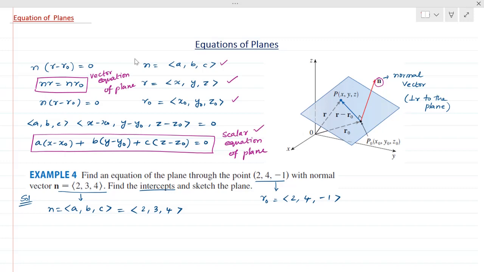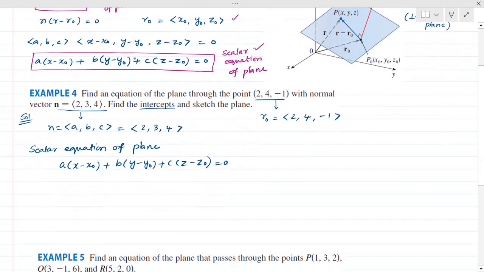The scalar equation of a plane is given by a times (x minus x naught) plus b times (y minus y naught) plus c times (z minus z naught) equals 0.